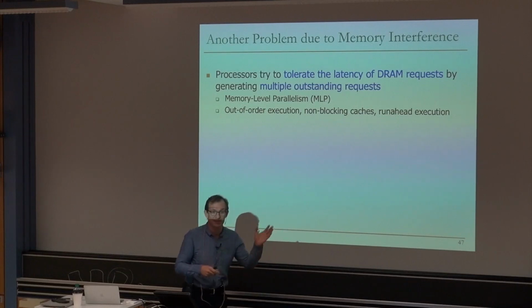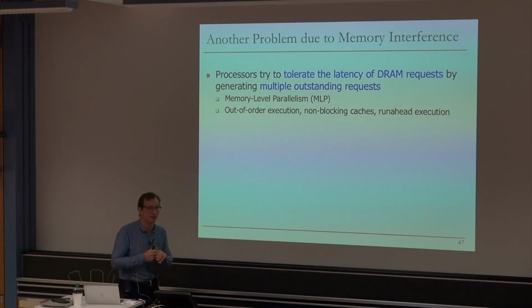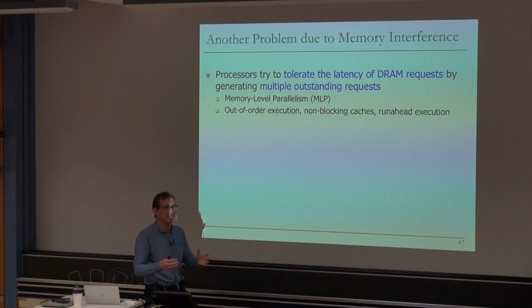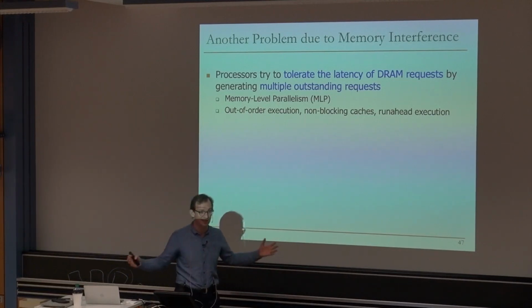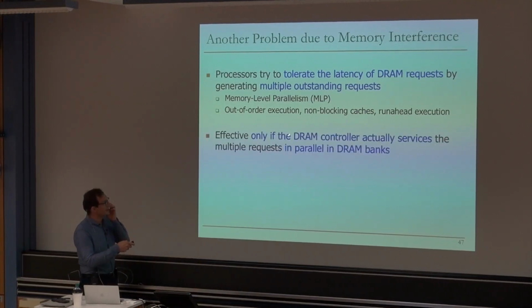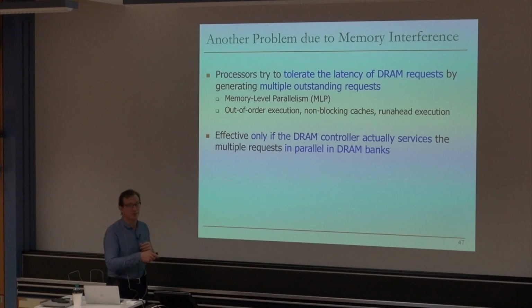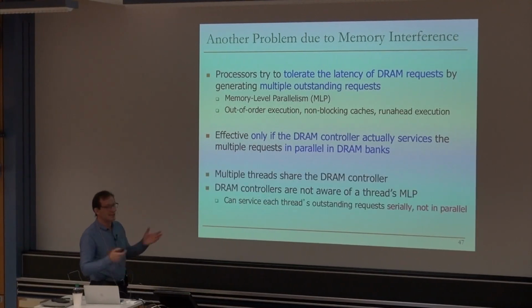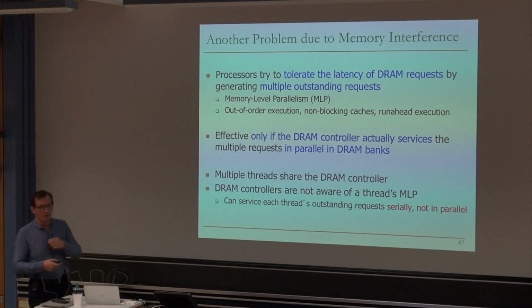You employ things like run-ahead execution, as we will discuss later on. Basically, the notion is if you don't have only one request, have multiple requests and overlap their latencies. Right? This is only effective, of course, if the DRAM controller actually services the multiple requests in parallel in the DRAM banks. Now, that's the assumption in a single core system.